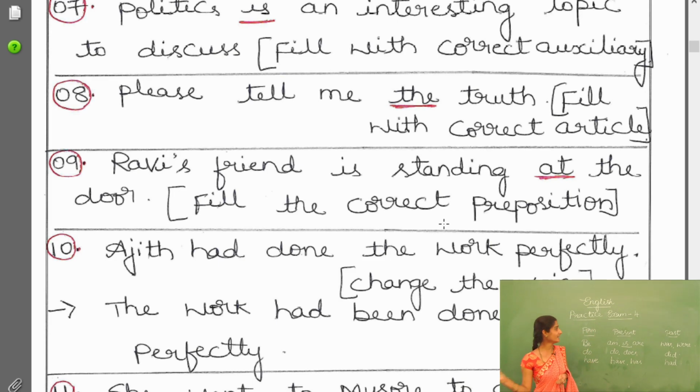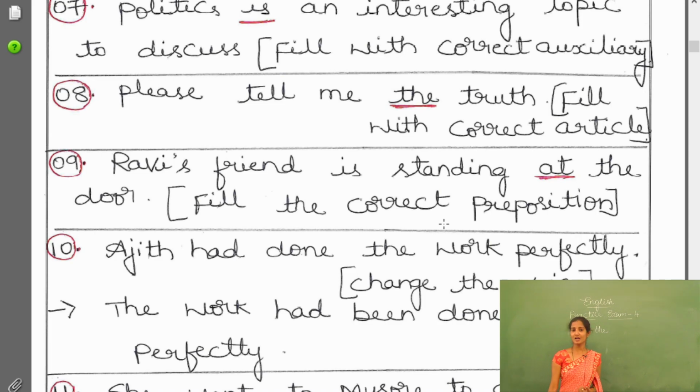When it is indefinite, you have to use a or an. So the is the definite article. There you are definitely telling about that thing. Please tell me the truth. A truth you should not use. The truth, it is telling about a definite thing. Okay, eighth question, answer is the.